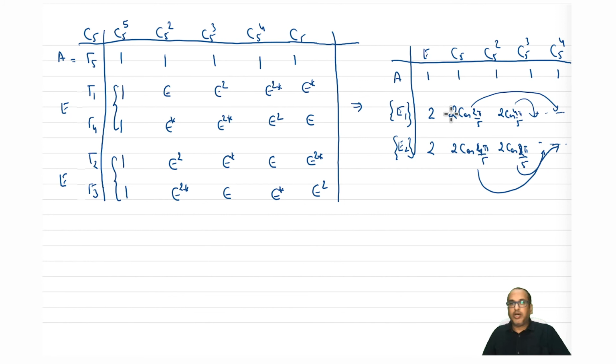Okay, so now if you notice that I have written E1 and E2 here, that means I have distinguished these ones. So if you remember the Mulliken symbol rules, it says that the character under C5, that's the principal axis rotation, has to be symmetric. So if you find that this one is positive, that one takes a subscript of 1, and this one is a negative number, so that one takes 2 as the subscript.